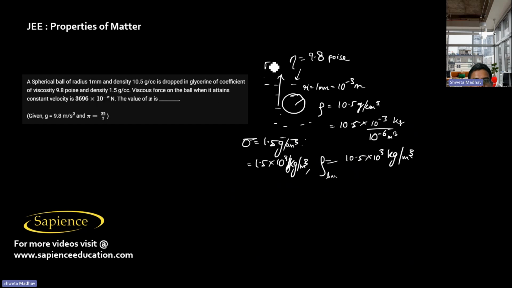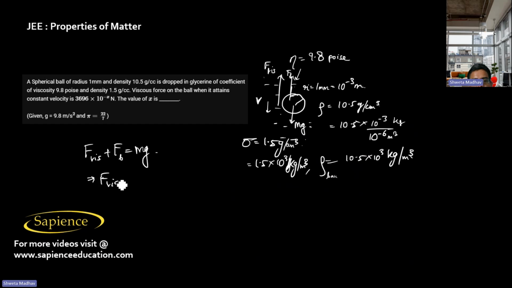So the viscous force is acting and the buoyancy force is also acting, and the weight of the ball is also acting. The weight is downwards, and the buoyancy force or upthrust and the viscous force, these both are acting upwards. So when it is moving with a constant velocity, which is the terminal velocity, then the viscous force plus the buoyancy force will be equal to the weight of the ball.